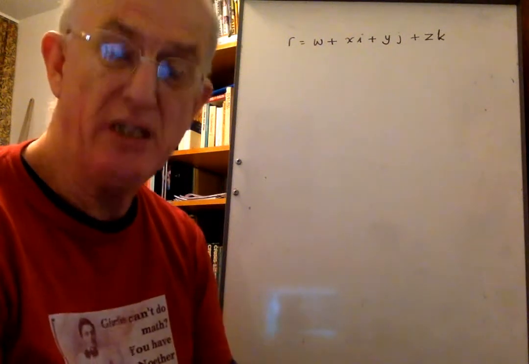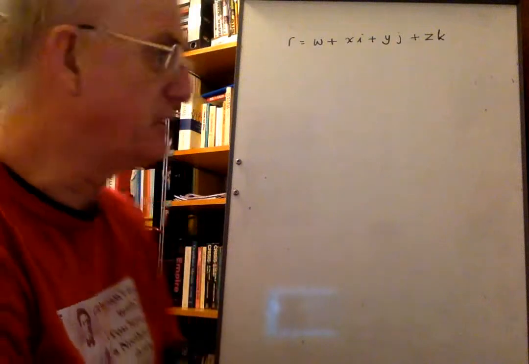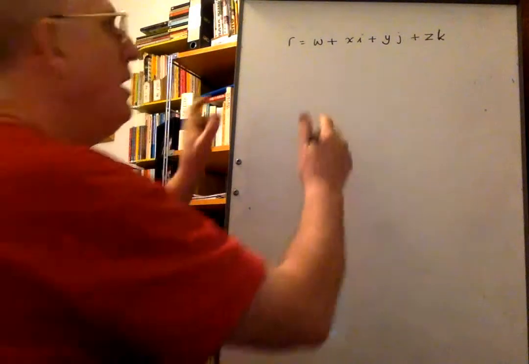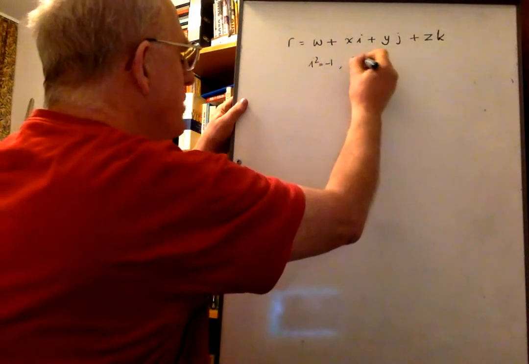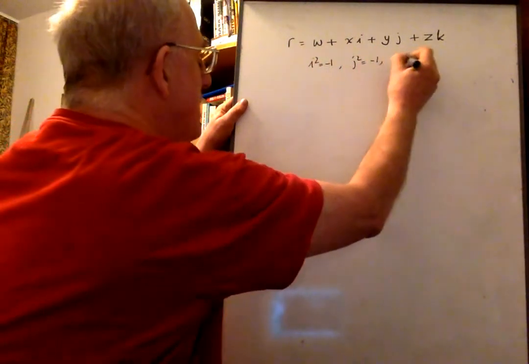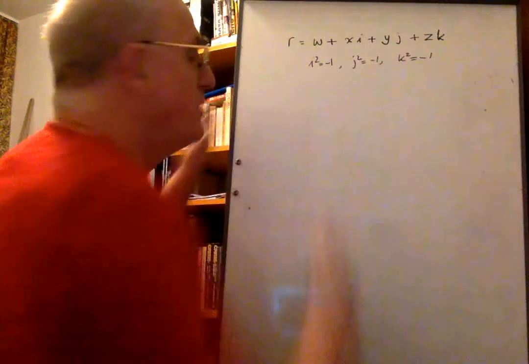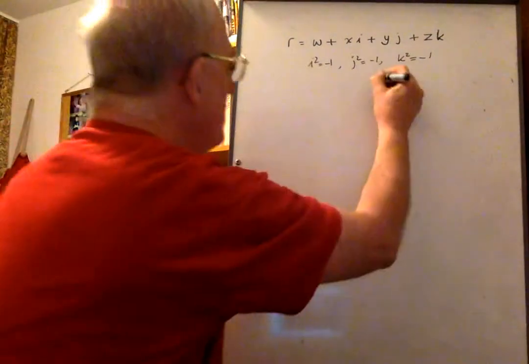Minus 1 has three separate square roots in quaternions. So i squared is minus 1, and j squared is minus 1, and k squared is minus 1. How do you multiply together i, j, and k?